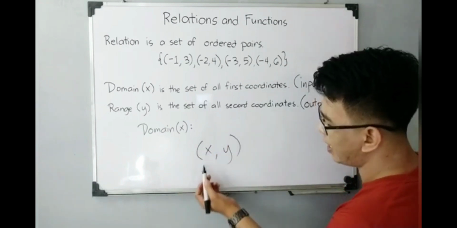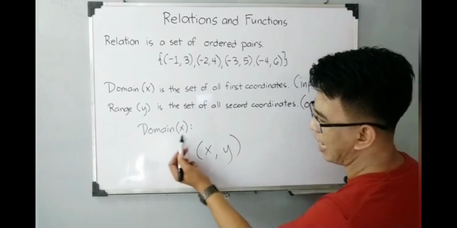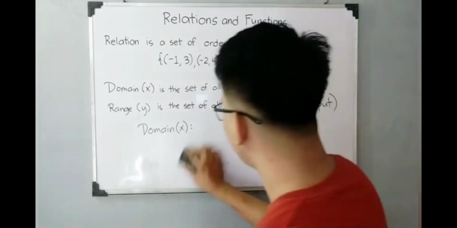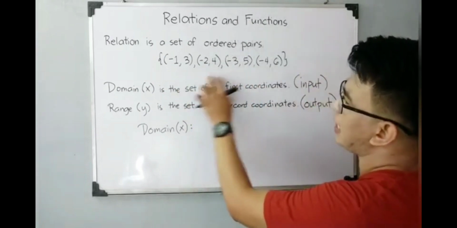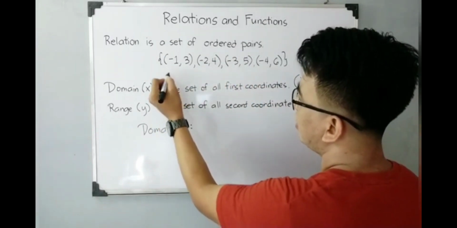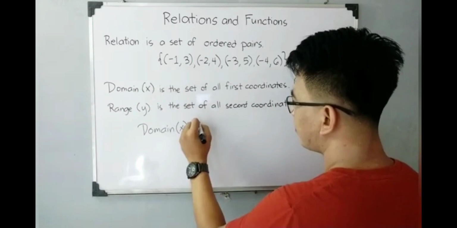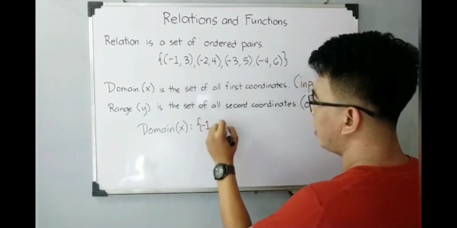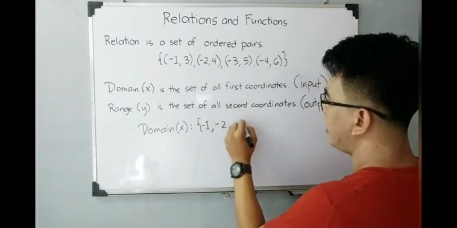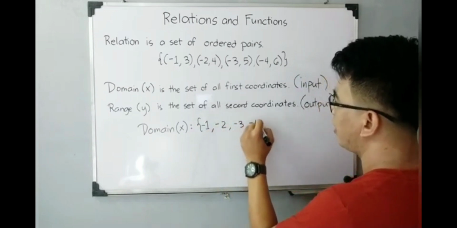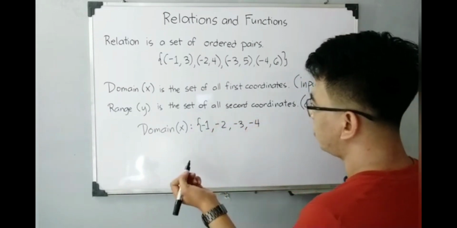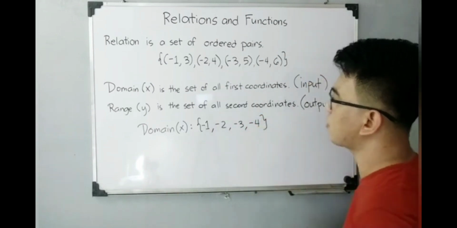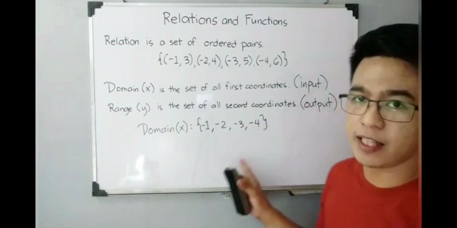So the placement of our domain, or the x value, is always the first number in our ordered pair. So in this given relation, the domain is -1, -2, -3, and -4. This is the set of all first coordinates, which we call the domain.